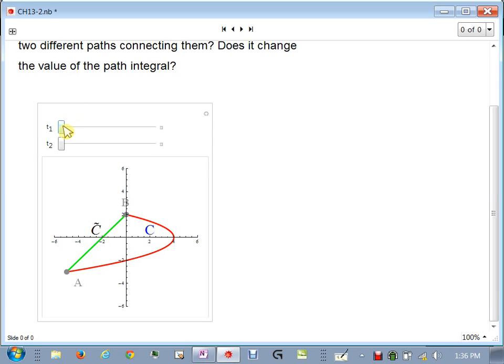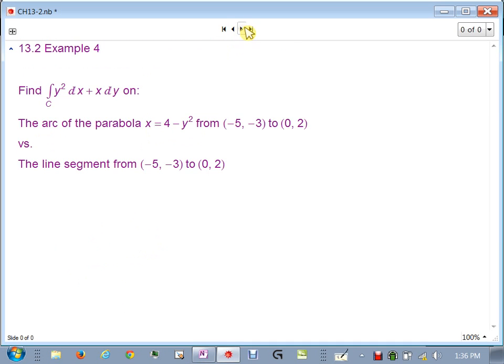Let's see what I have here. So there we go. Okay, check this out. What we're going to do is verify that it doesn't necessarily give you the same answer by looking at this line integral. We're going to do it along an arc of a parabola, and we're going to compare that to the line segment instead.